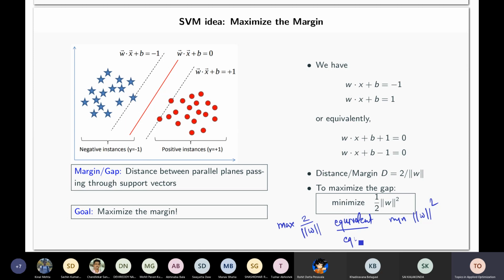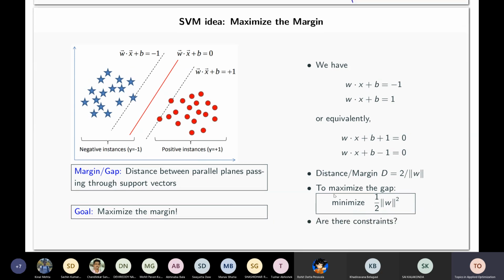This is equivalent to saying I minimize half of it, because constants don't change the optimal value. So this is an equivalent optimization problem. Wherever the solution is found, we can always get the solution to our original optimization problem. So our optimization model now is to minimize half of the norm of W squared.